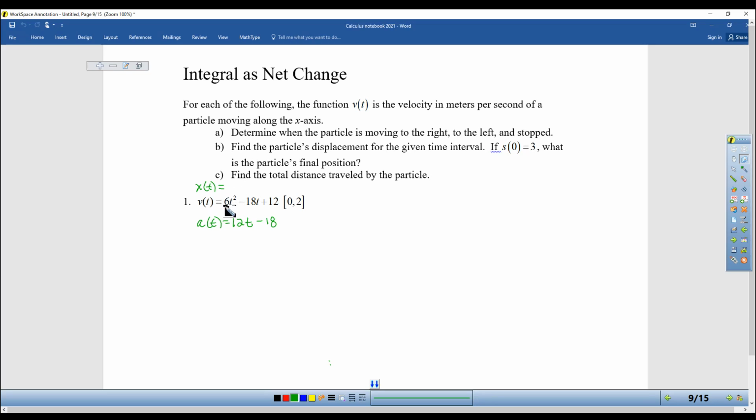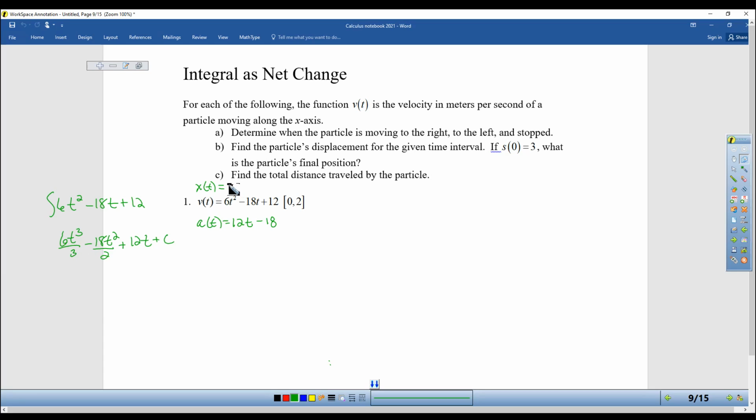So I'm going to integrate velocity to get that, which would give me, I'll do it off to the side here, the integral of 6t squared minus 18t plus 12, which would give me 6t cubed over 3 minus 18t squared over 2 plus 12t plus c.